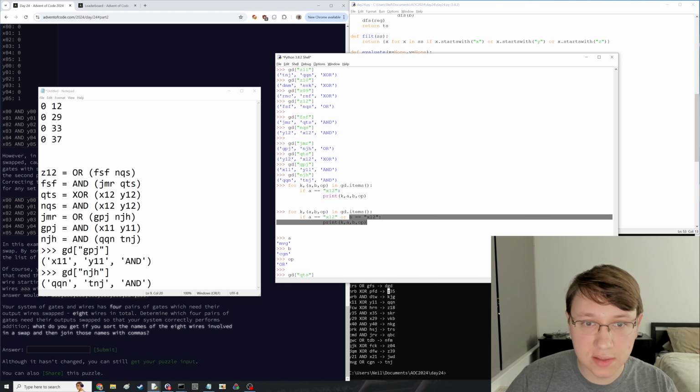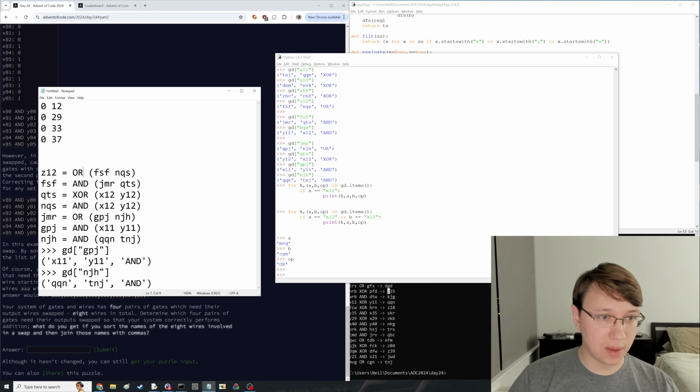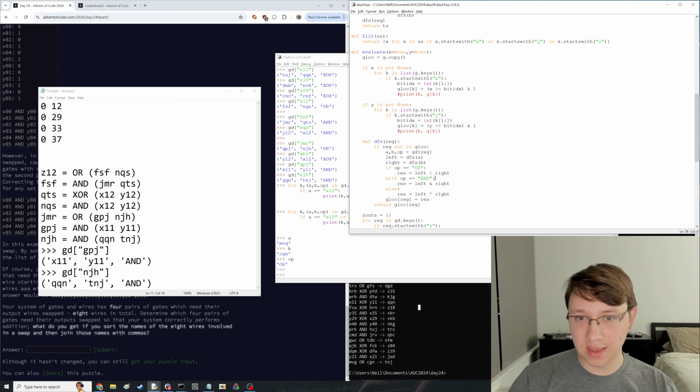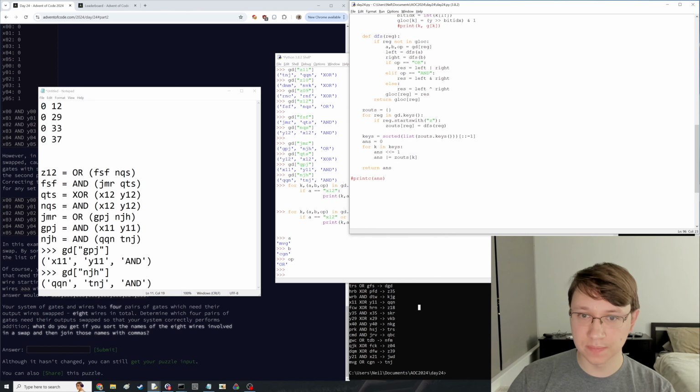B is equal to x12 in this one. Weird. Okay, well anyways, I feel like there are just some dangling gates here. If that's it, that would be very simple. So I guess I just need to check for dangling gates real quick.